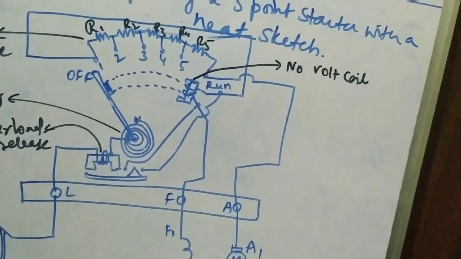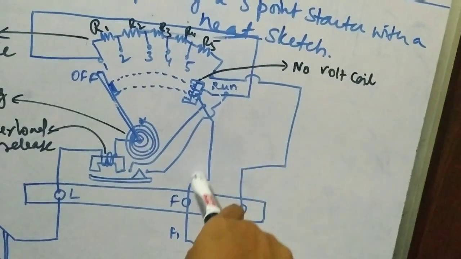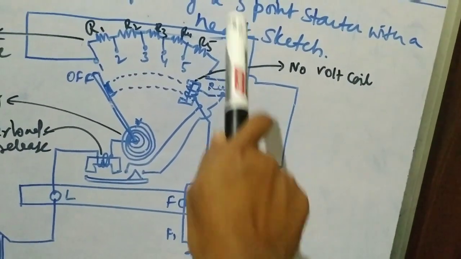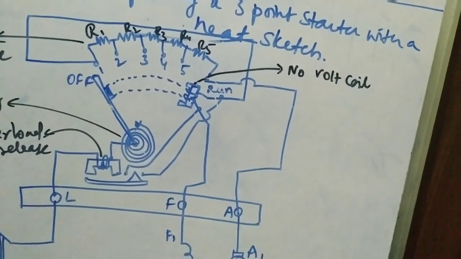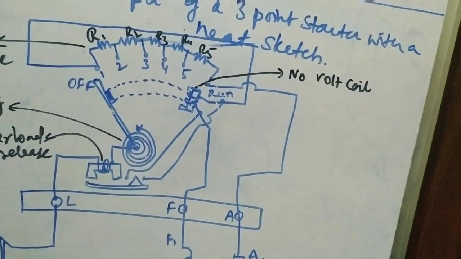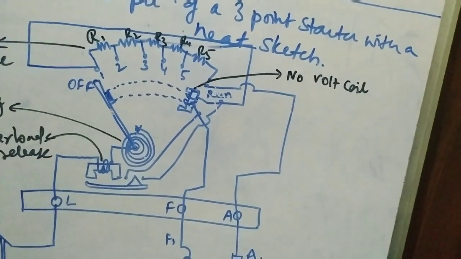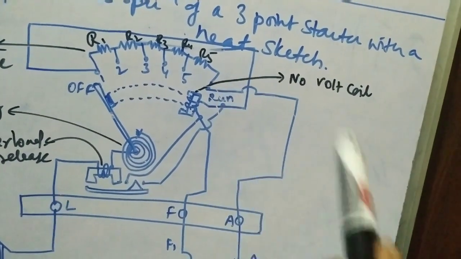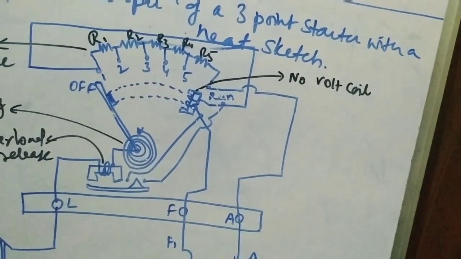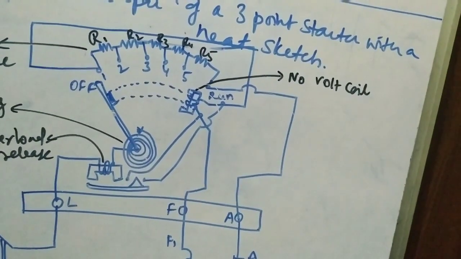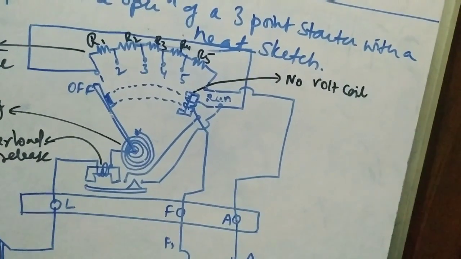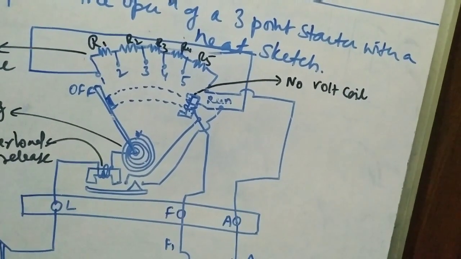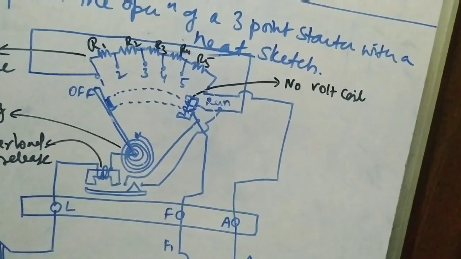Finally, when the starter handle is in the run position, the entire starting resistance is removed from the armature circuit and the motor starts operating at normal speed. The handle is moved manually, and this is how the 3-point starter works.